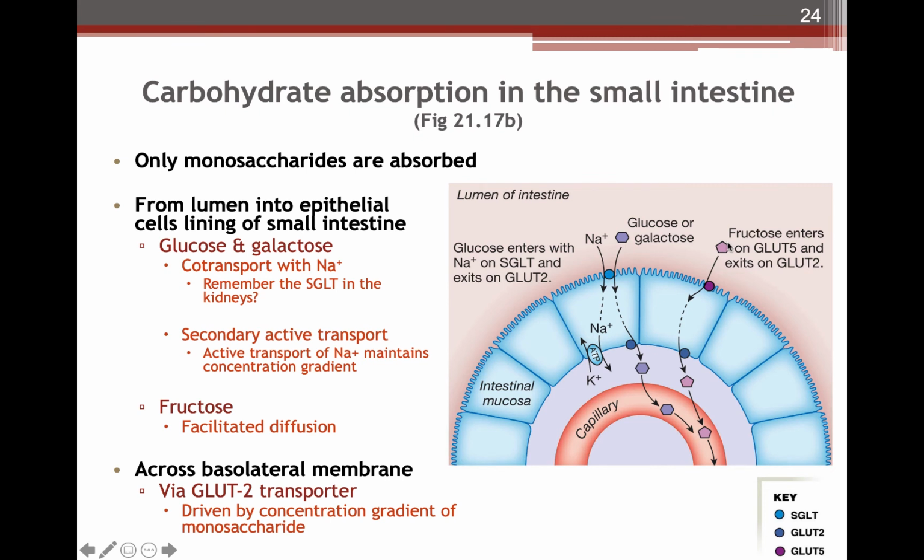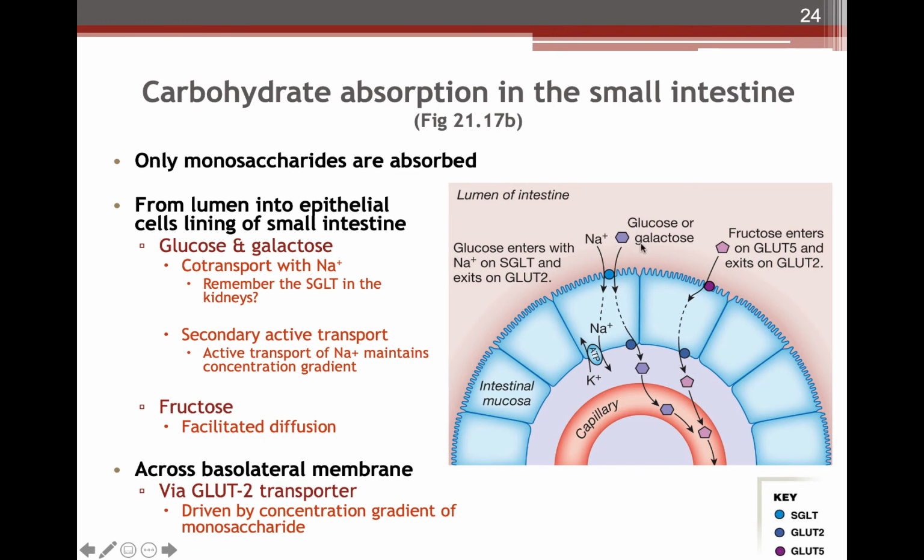And then this is the pathway that fructose has to follow. Glucose and galactose have more of a hexagon sort of shape to them. They're very similar in structure, so they can use the same pathway. Fructose is more of a pentagon-shaped ring molecule. And so because of its different shape, it has to follow a different pathway over here.